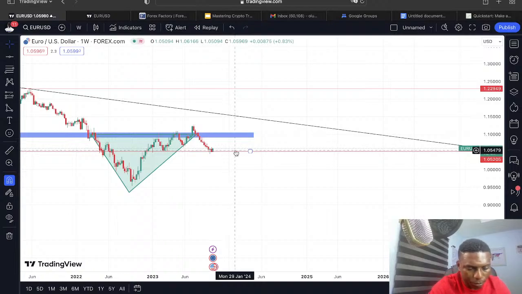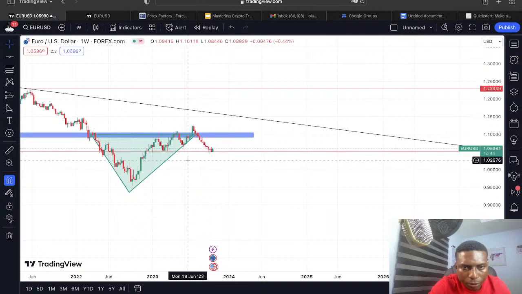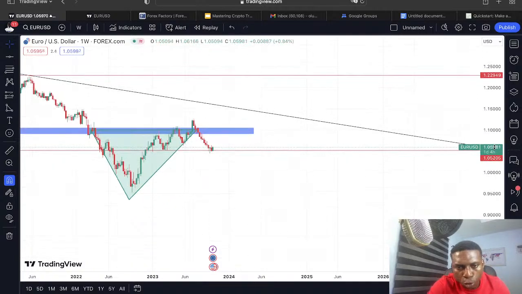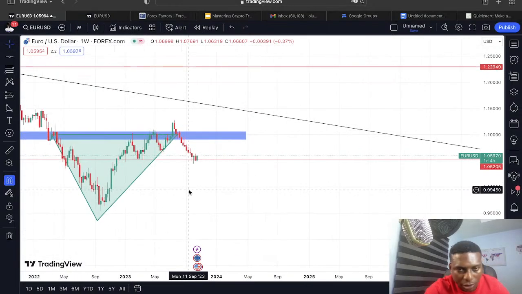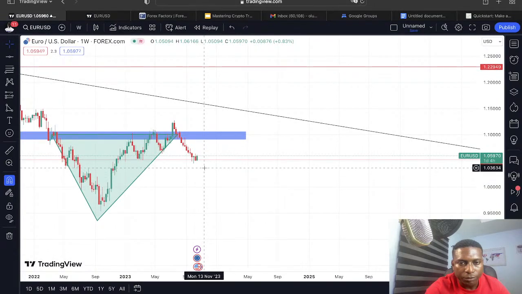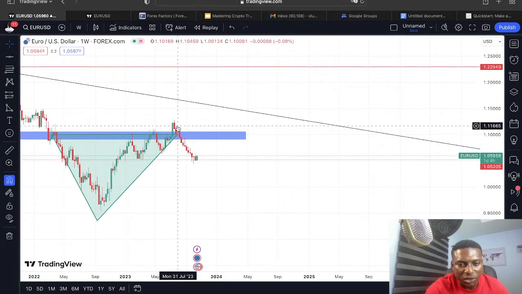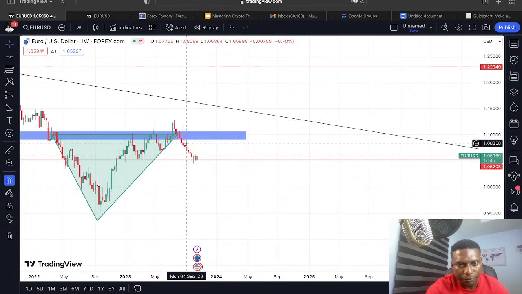Now, if you look through this place now, we want to be observant of the candlestick. Okay, now look at the candlesticks that have been formed all throughout the past few weeks here.